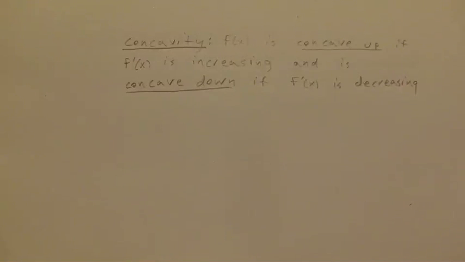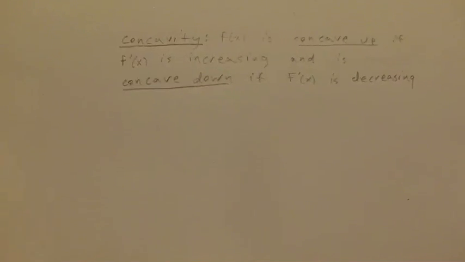If your velocity increases, you're accelerating. So concave up means accelerating. And f of x is concave down if f prime, or the derivative, is decreasing. So we can think of that as a function decelerating.